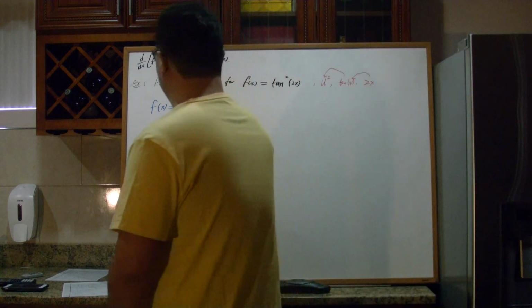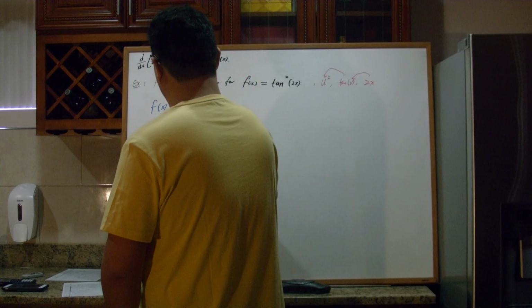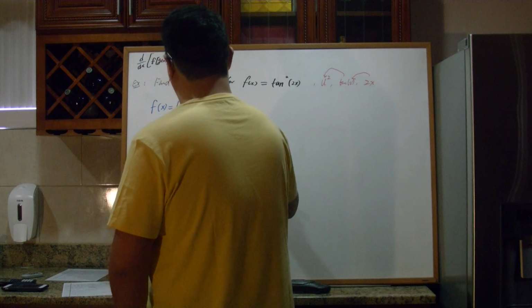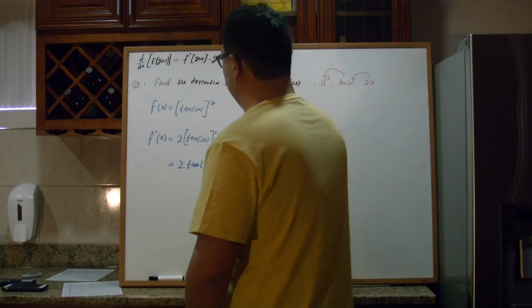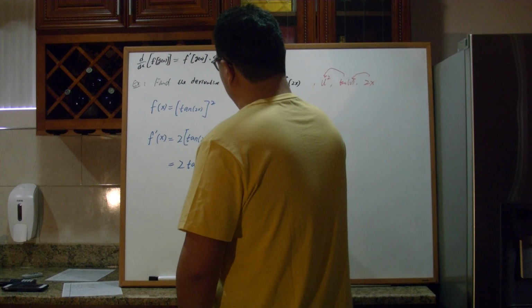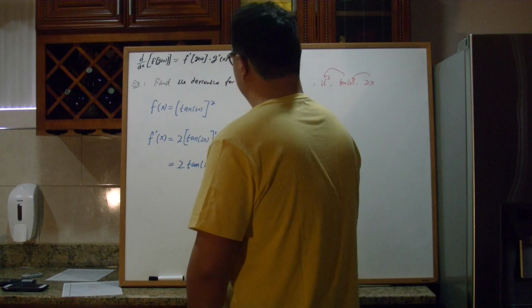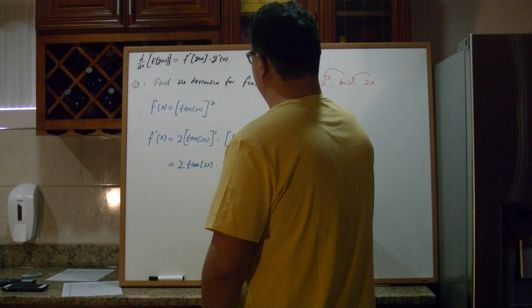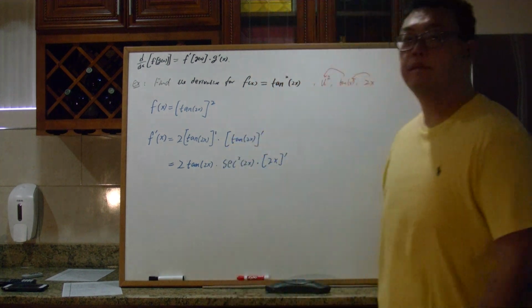So we get 2 tangent 2x multiplied by the derivative of tangent, which is secant squared, and multiplied by the derivative of the inside, 2x.